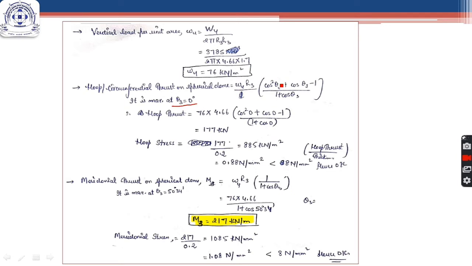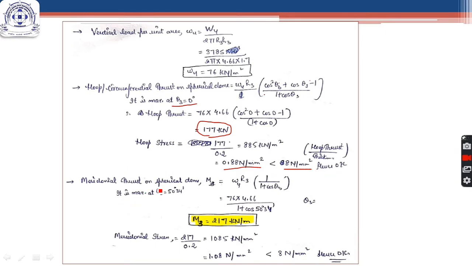So we substitute 0 in place of theta, not the theta 3 angle which we have already calculated here. So we calculate the hoop thrust as 177, and hoop stress will be 177 divided by the thickness of the dome. It is coming out to be less than the permissible stresses, hence okay.